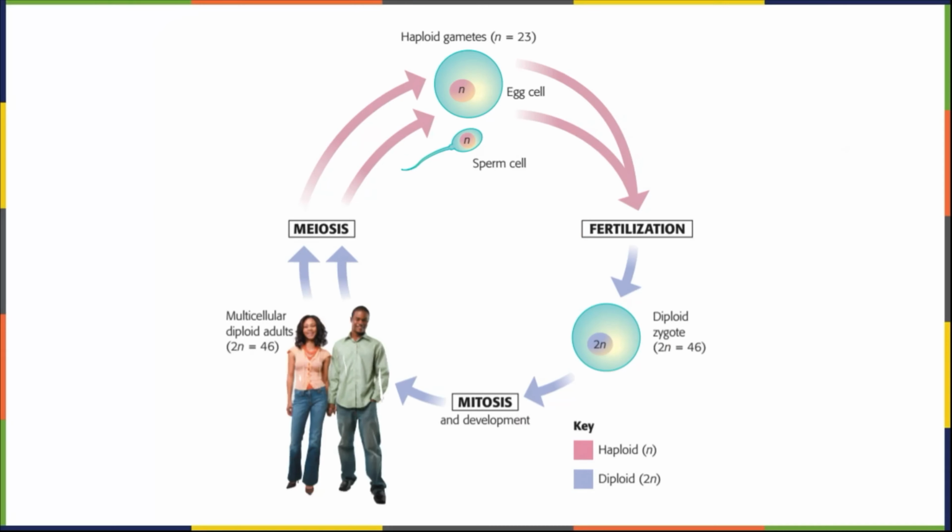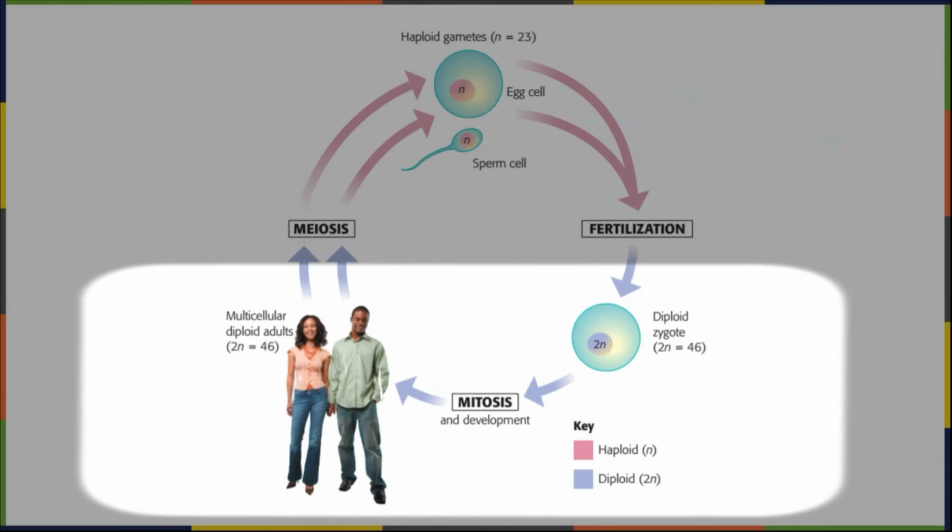Most of our life and most of our experiences are with other organisms that are diploid, 2N. And while we're in our 2N states, as we're growing, as we're developing, we are reproducing our cells through the process of mitosis. And that's what we learned about in our last lecture.